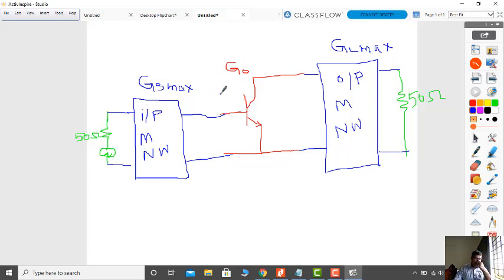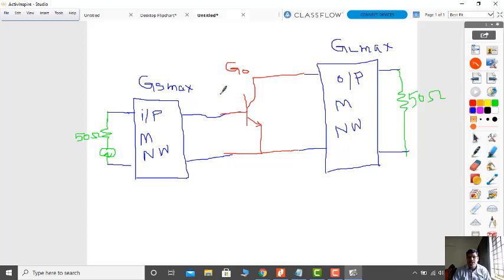In the last class we discussed the formula derivation, how to arrive at the formula expressions. Now we are going to introduce deliberate mismatching at the source side through the input matching network. Similarly, we are going to introduce deliberate mismatch at the output side by the output matching network. By doing so, we can reduce the maximum available gain at the source, GS maximum, and the maximum available gain from the load, GL maximum.